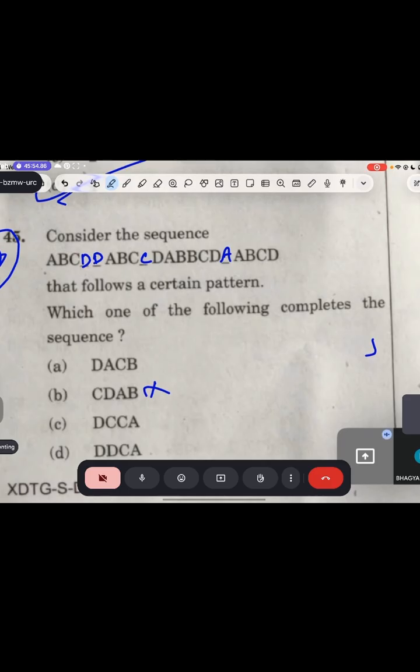Yes, the pattern is there, guys. See, A, B, C, D, D. A, B, C, C, D. A, B, B, C, D. Double A, B, C, D. It means one duplicate in every one. See here, D is duplicate, right? And here C is duplicate, and here B is duplicate, and here A is duplicate. So the answer will be D.